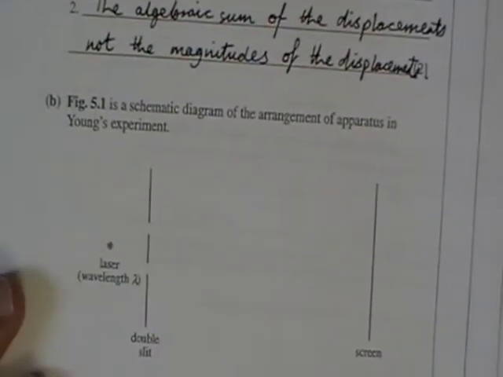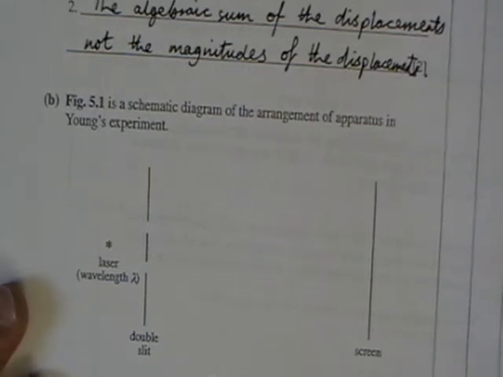Then we've got a schematic diagram of the apparatus in Young's experiment. If we go to the next page, you can see what the question is asking.